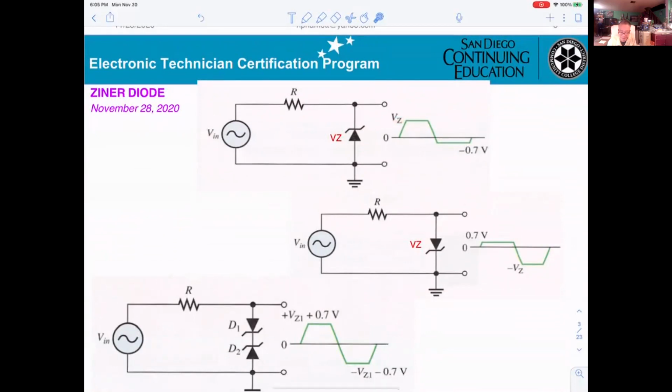Okay, maximum will be VZ. However, for the negative peak voltage here, there's a ground here and a negative voltage here, the Zener will be on normally, and the output will be minus 0.7. That's how they work for one cycle of the sine wave.